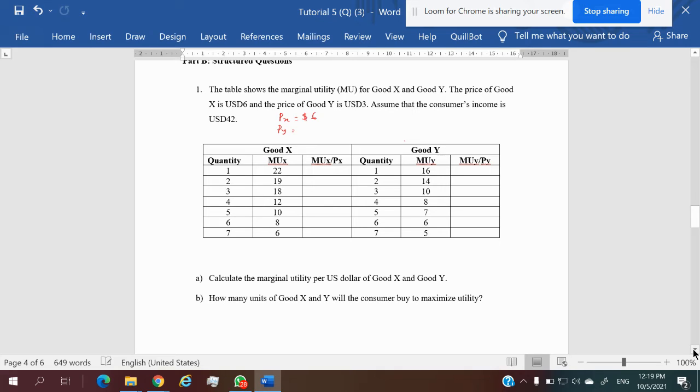The price of good Y is $3. And the income level I is $42. All right, so what should we do now? This question is actually looking for the optimality point, or the point where you can maximize your utility.